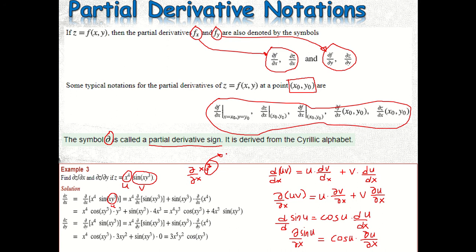Therefore, we just take the derivative of x. The derivative of x with respect to x is equal to 1. So that's why the result is we have only 1 here times y cubed. So we have here y cubed. And so on and so forth.